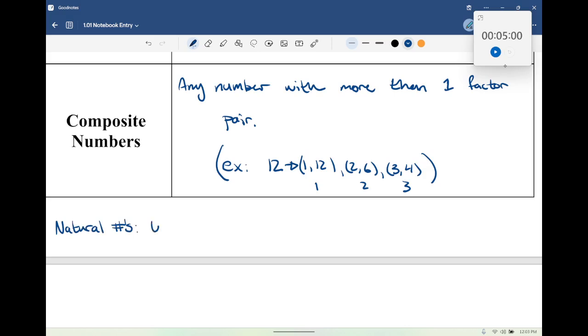Natural numbers are simply whole numbers without 0. That's all. Natural numbers are just whole numbers without 0. And so, whereas whole numbers are 0, 1, 2, 3, 4, 5 forever, natural numbers are just 1, 2, 3, 4, 5 forever.